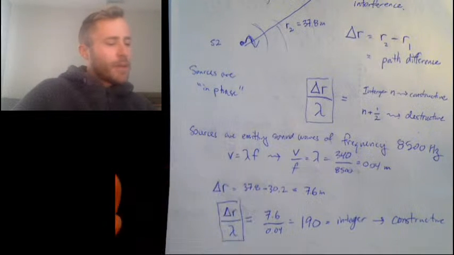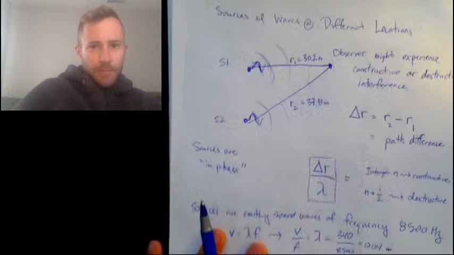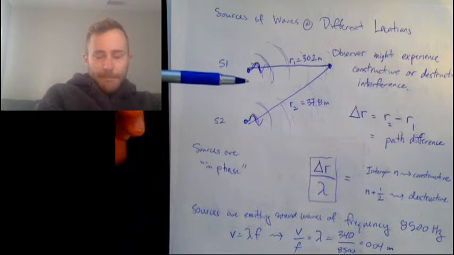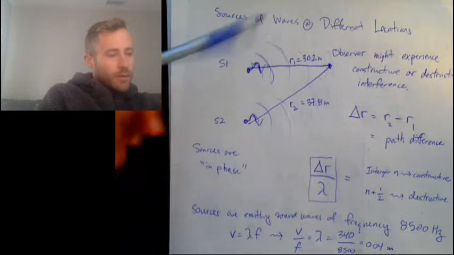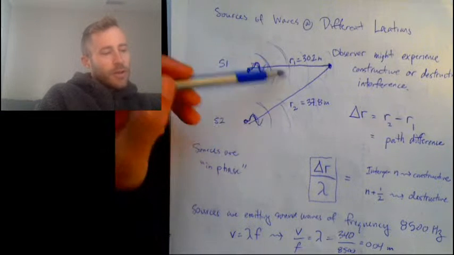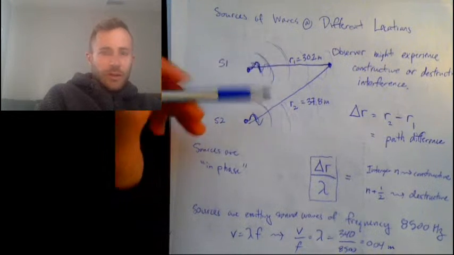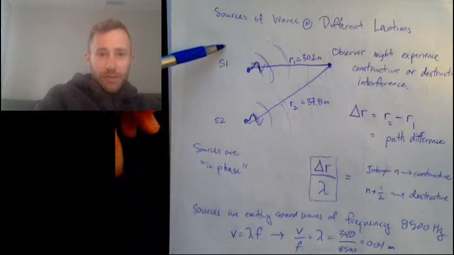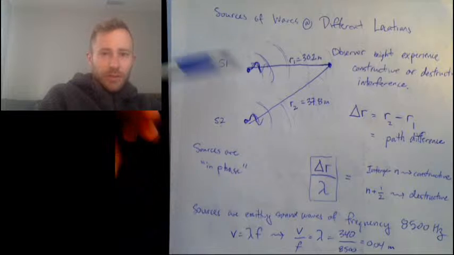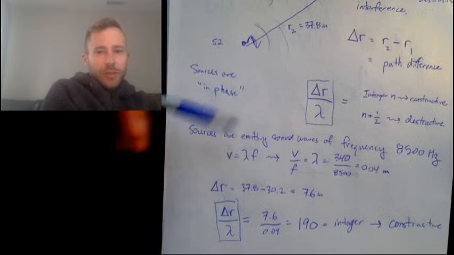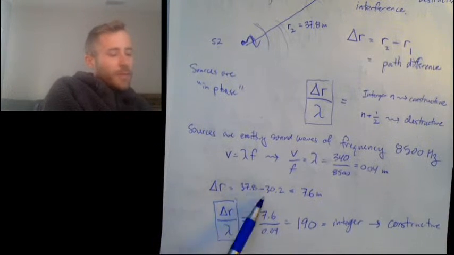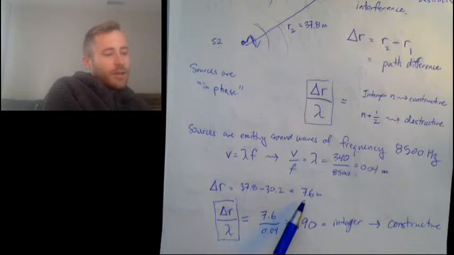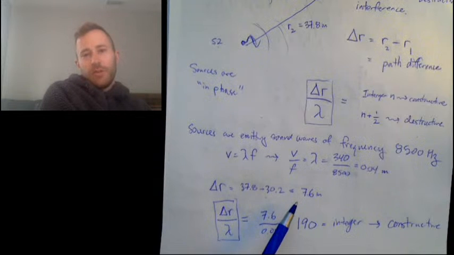One thing I want to point out is that it doesn't matter whether we called this source 1 and that source 2, or that source 1 and that source 2. Okay? And the reason is, if we had done 30.2 minus 37.8, then we would get a delta R of negative 7.6.